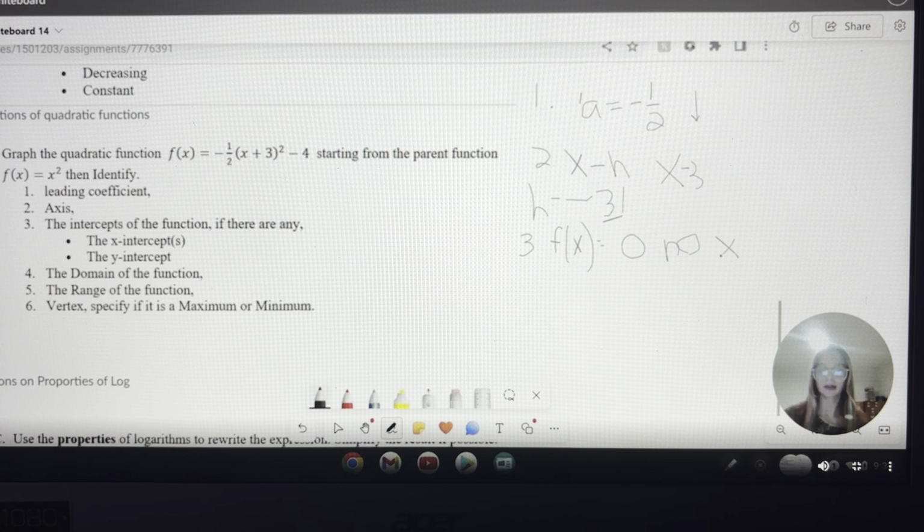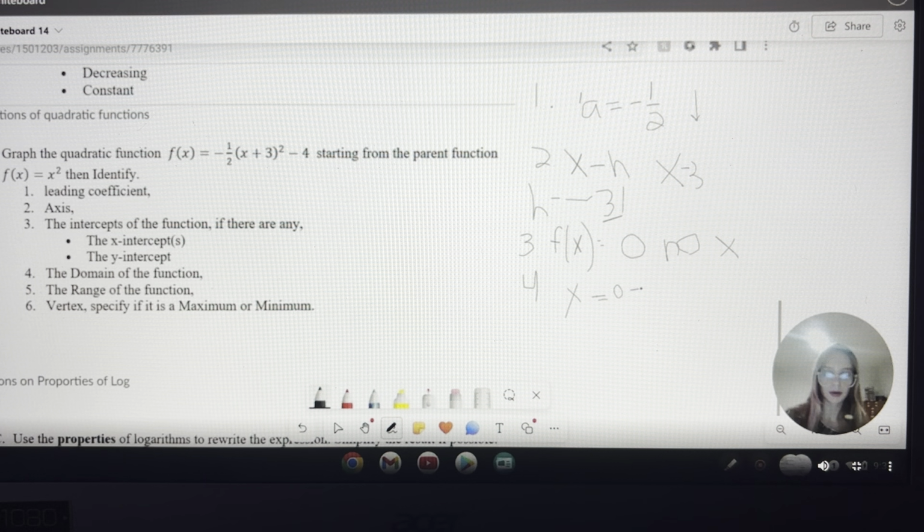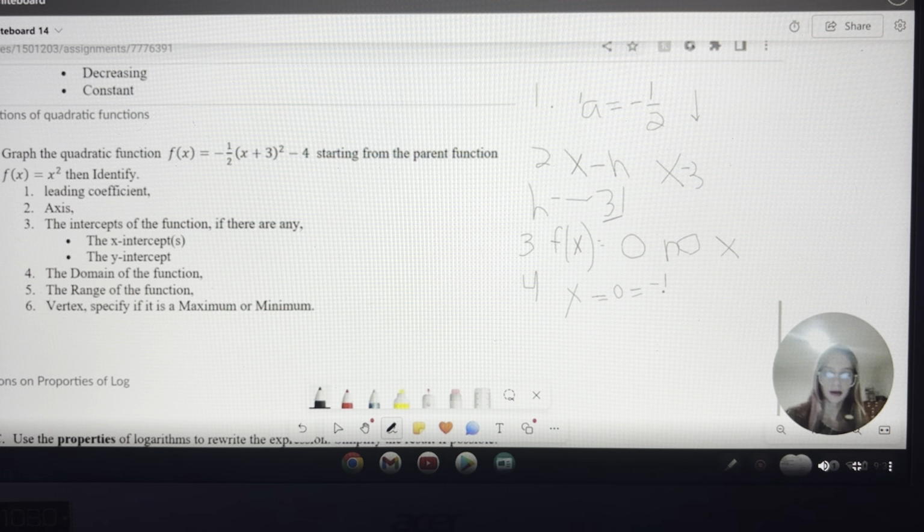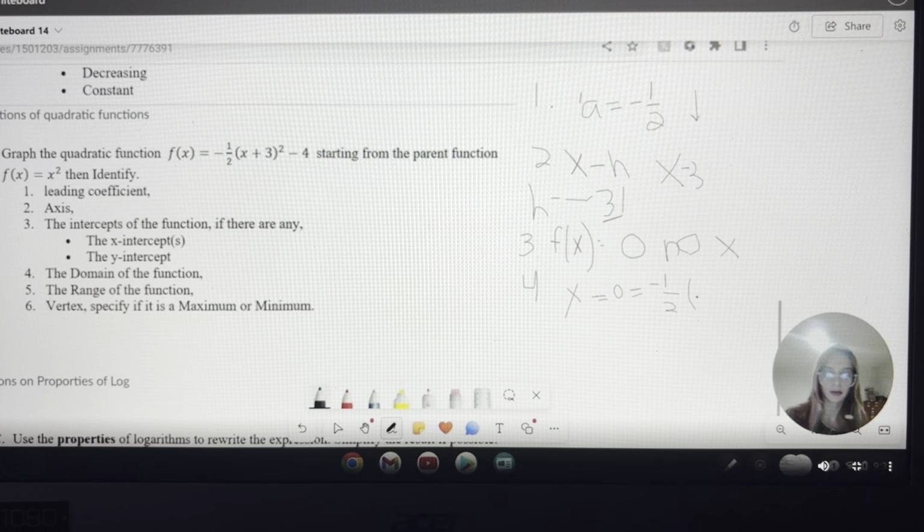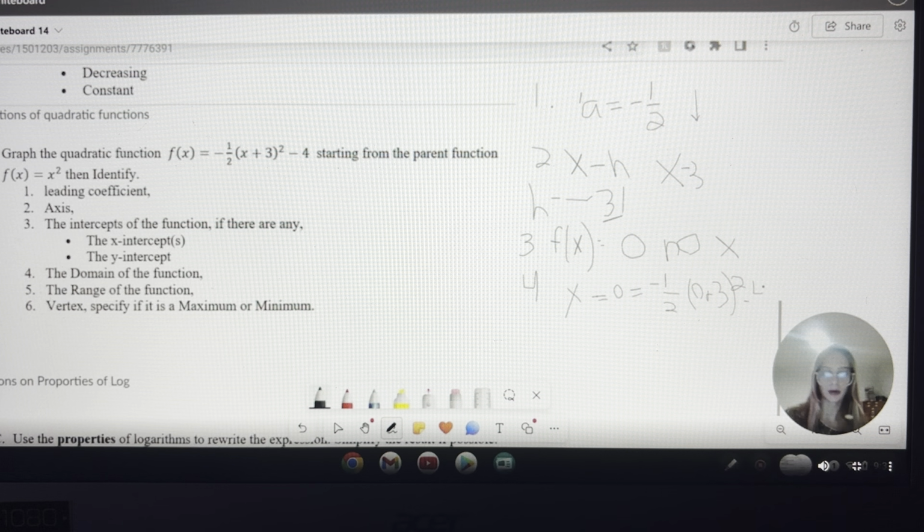And then for the y-intercept, you want to set x to 0. And then we will do -1/2 with x at 0 plus 3 squared minus 4.